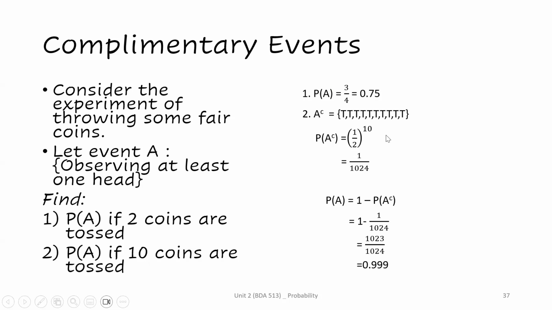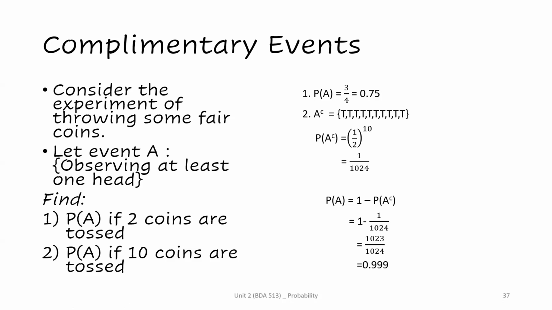So what we could do is that we know if 10 coins are tossed and they are all tail, that means we are going to have tail to the power of 10. That is the A prime. The A prime will be 1 out of 2 raised to the power 10, because it's going to be 10 times. Do you agree?